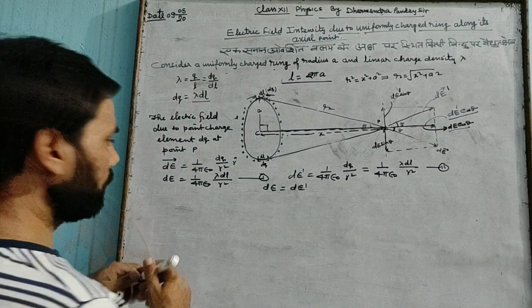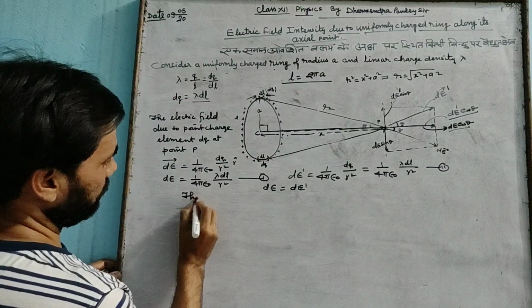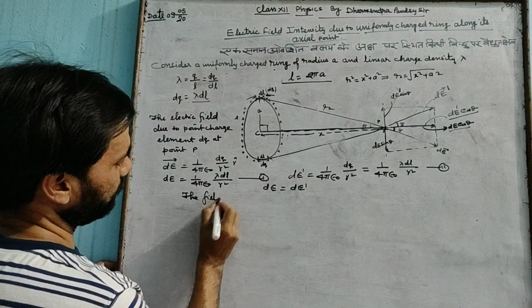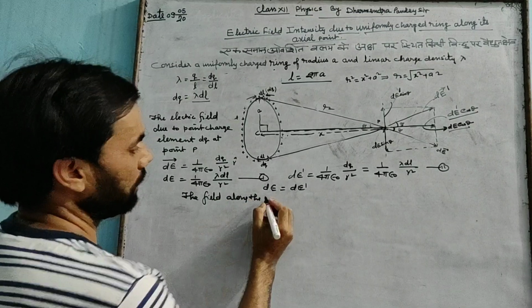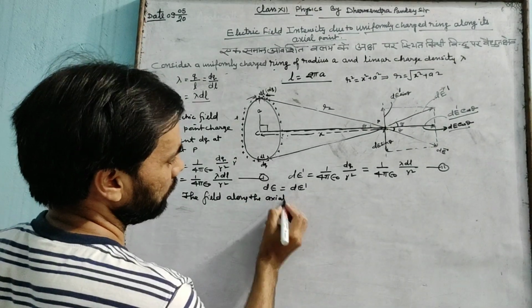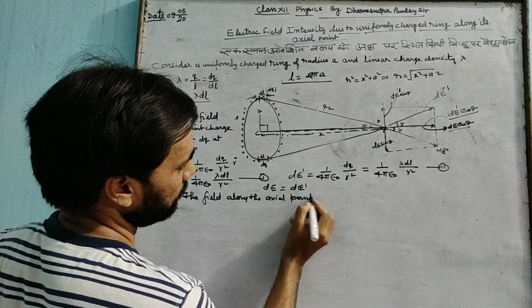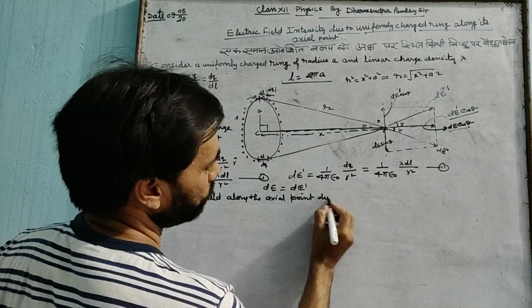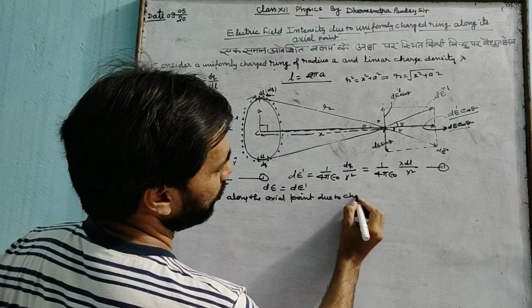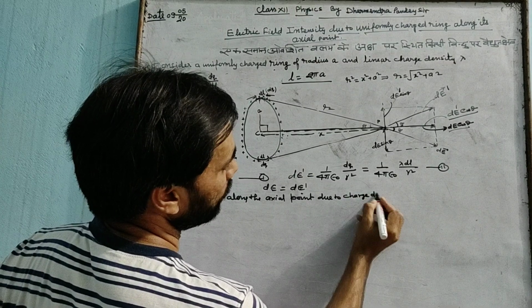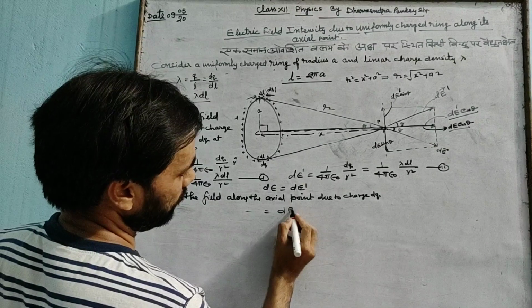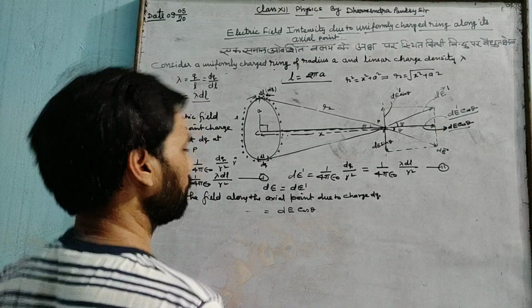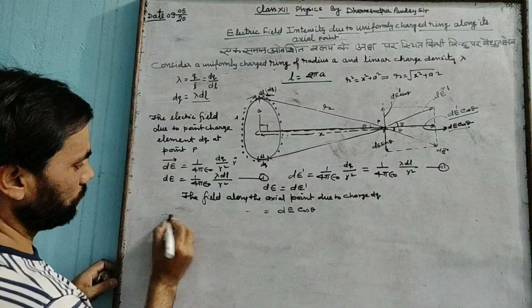So the field along the axial line due to charge dq is dE cos theta.